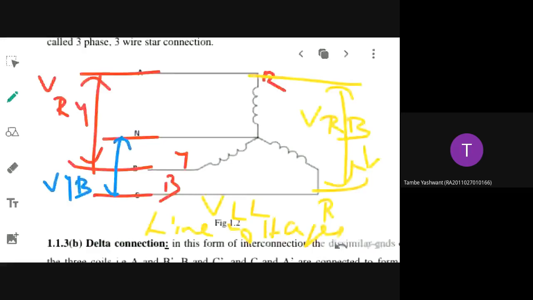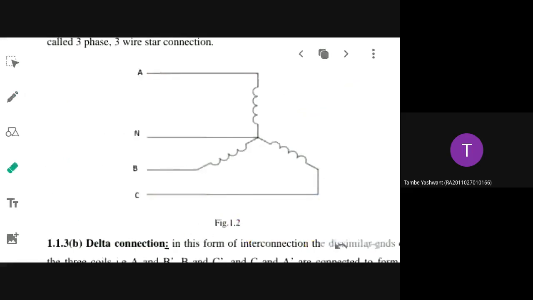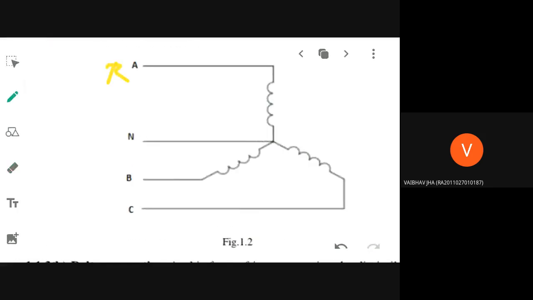Have all the others understood the difference between phase voltages and line voltages? This is a very important concept. Can you please explain line voltage again? Let this be R phase, Y phase, B phase.